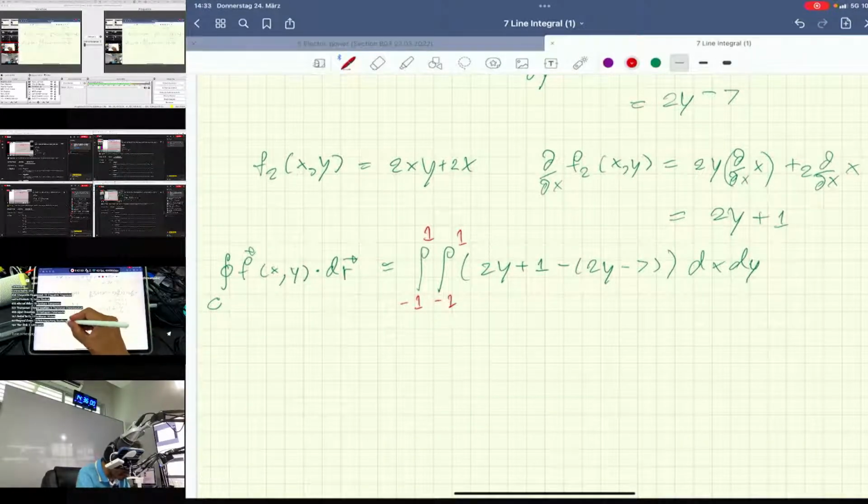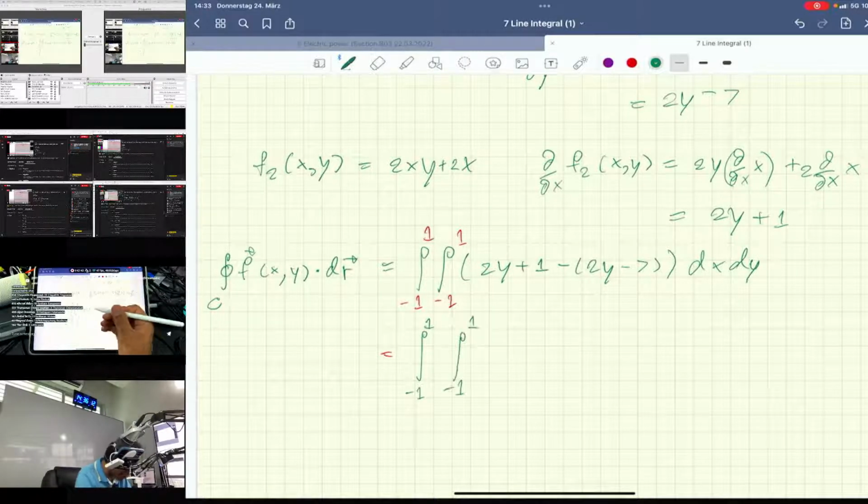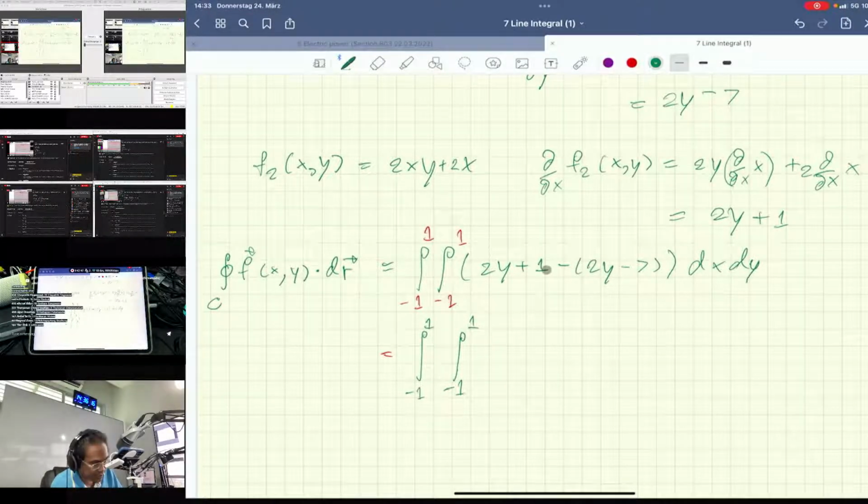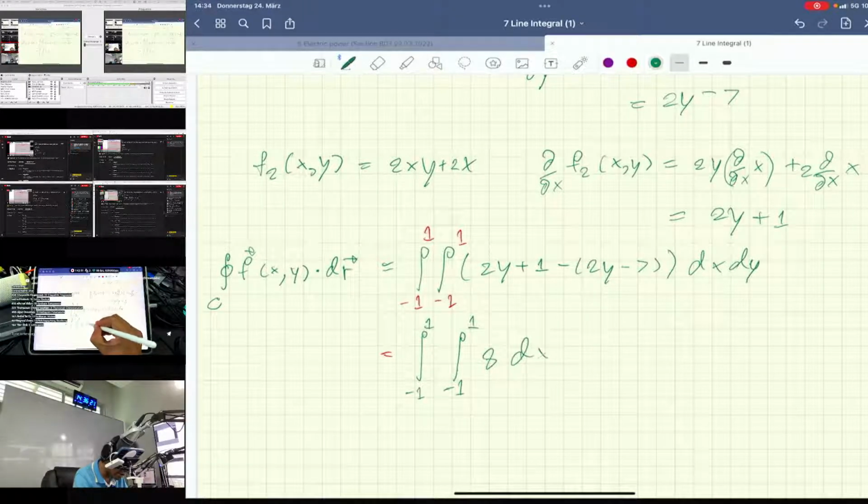Because we have integration -1 to 1, integration -1 to 1 of these terms, the y terms cancel each other and we're going to have the number 8 here, dx dy.